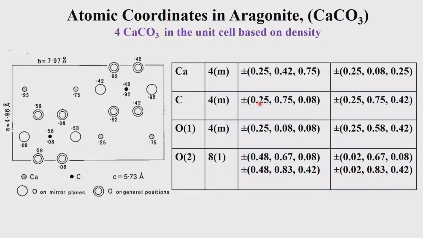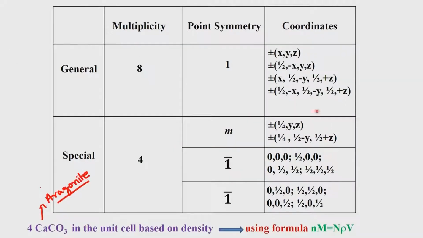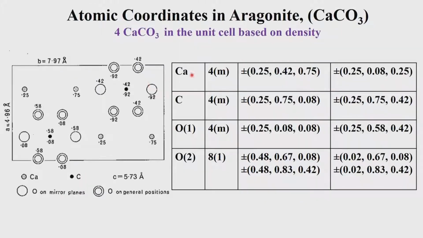That means that the carbon atoms which are shown here appear at 0.08 and 0.58 respectively, because half minus z or half plus z will account for the value of 0.58. As homework, I want you to take these coordinates and see whether they satisfy the symmetry requirements associated with this 4m position. Then you will convince yourself that calcium and carbon are sitting in these special positions.